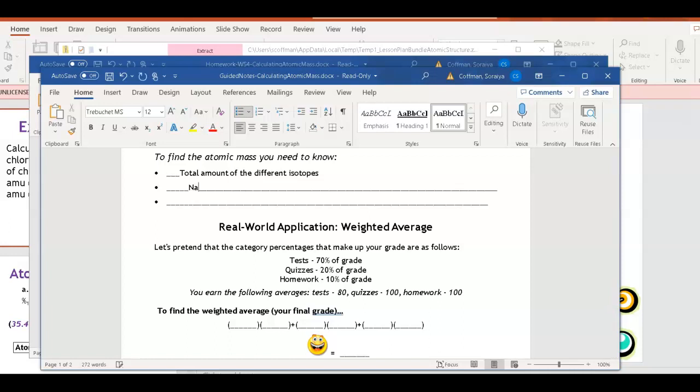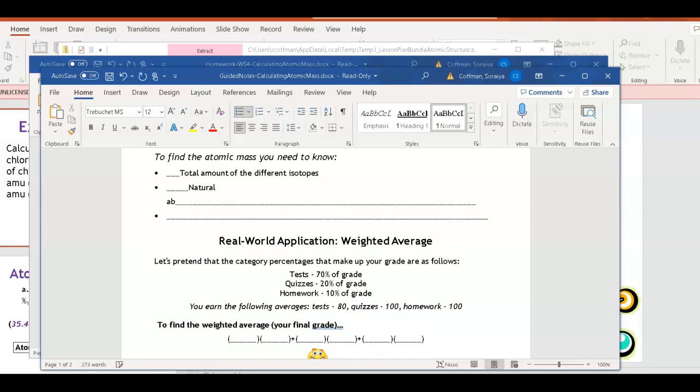Number two would be the natural abundance, meaning the percentage, aka the percentage, of each type of isotope.